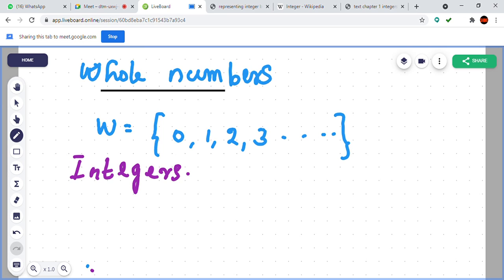So below you write: integers are a collection of all positive numbers, negative numbers and 0.